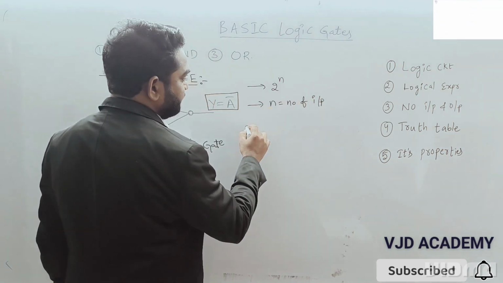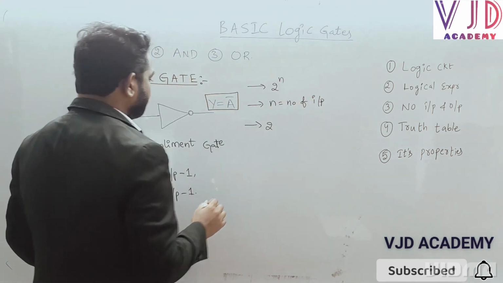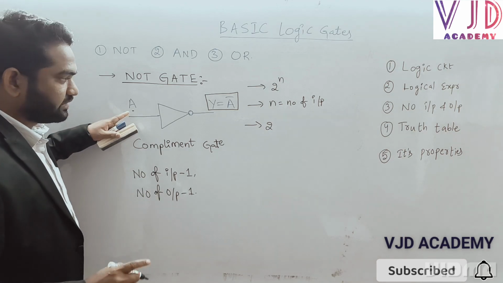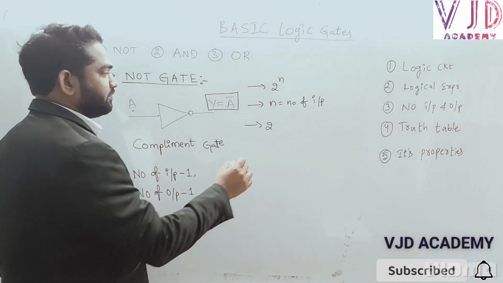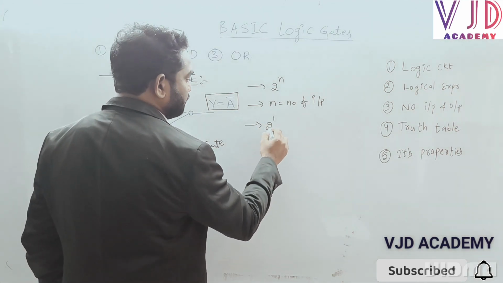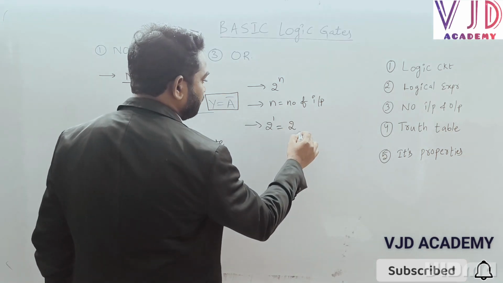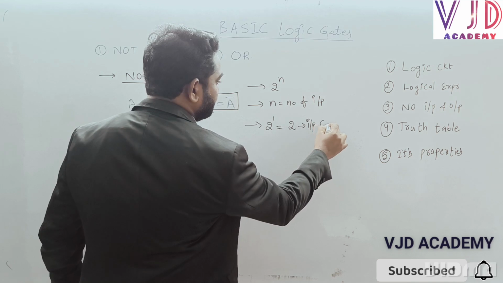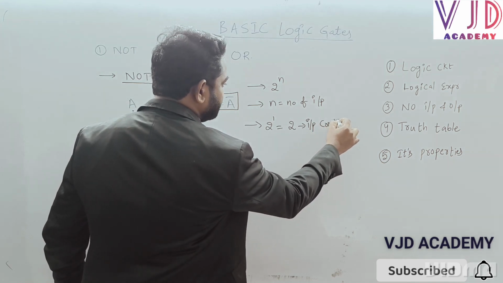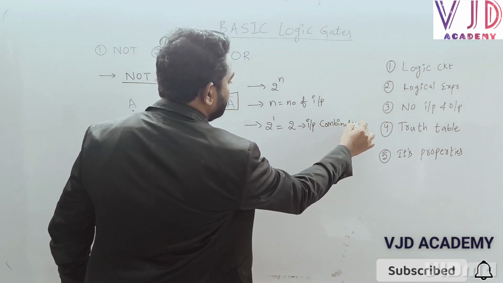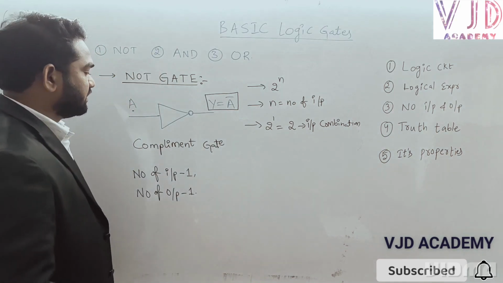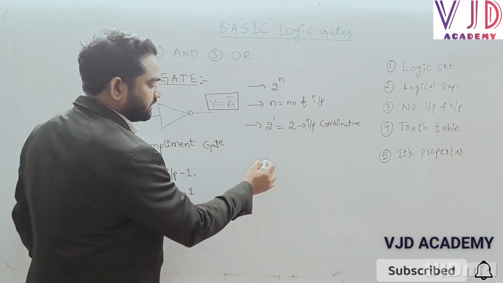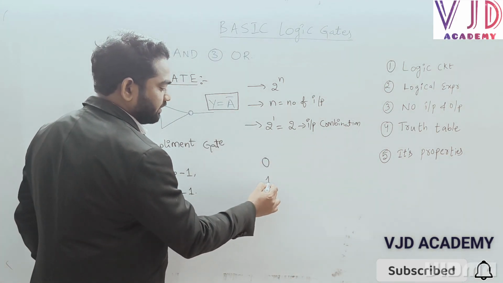For NOT gate the number of inputs is 1, so n equal to 1, 2 power 1 equal to 2 input combinations. So what are those 2 input combinations? One is 0 and another one is 1.